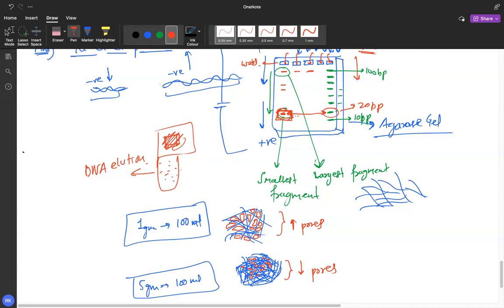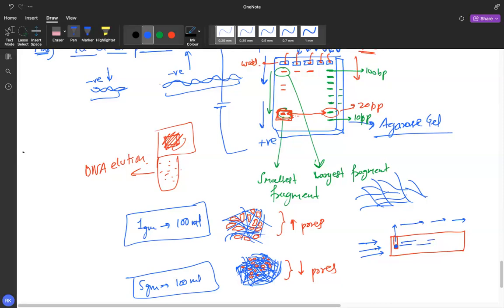Because they are in a well, which means if this is the thickness of the gel, I am seeing the gel from the side now. And this is the well, okay? So your DNA molecules are all here, right? And the force is coming from this side. So obviously, to move, they cannot come out and start moving in the liquid. They will be pushed like this, right?